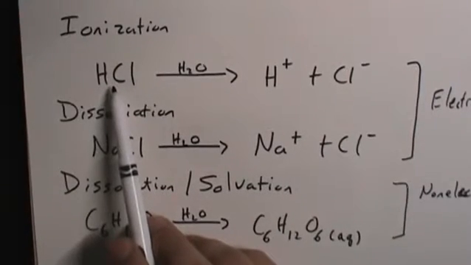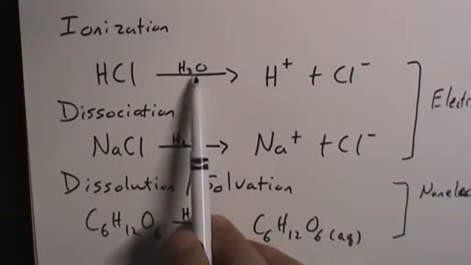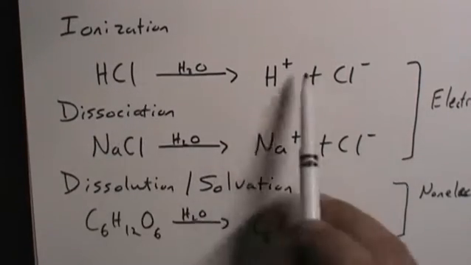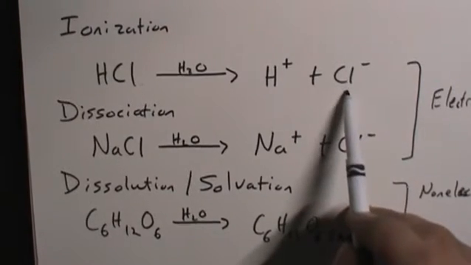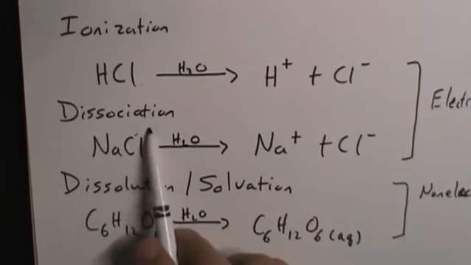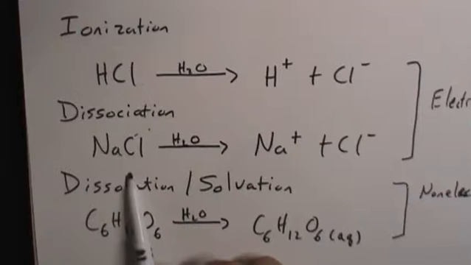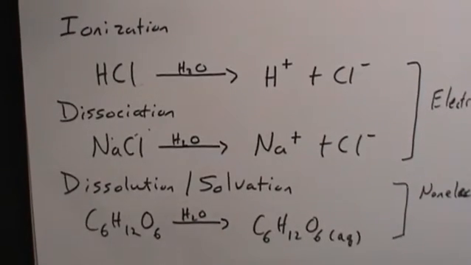And in our first example, hydrochloric acid, which starts as hydrogen chloride, is dissolved in water and it's pulled apart, separated into hydrogen ions and chloride ions. Second substance dissociates. Sodium chloride is an ionic salt, which means it's composed of a positive and a negative piece.